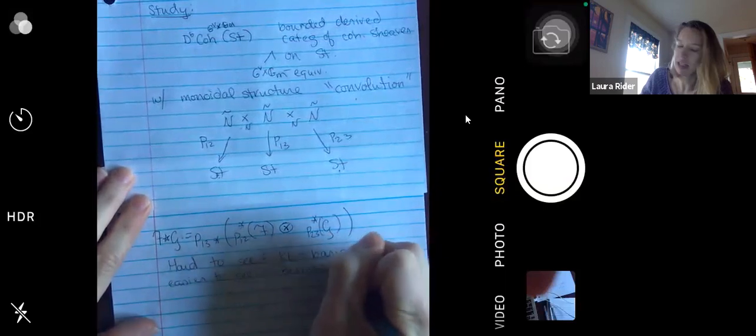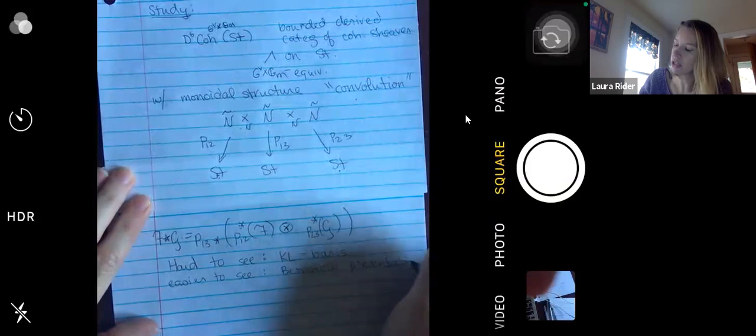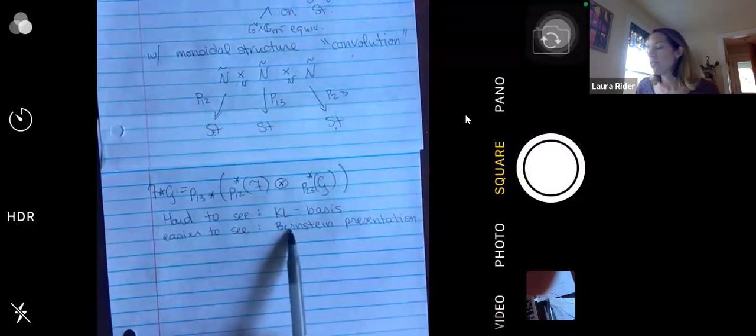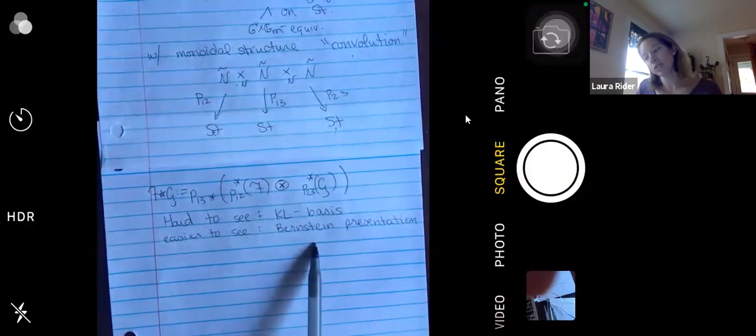So let me hint at how that appears using just the geometry of the Steinberg variety. The Bernstein presentation of the affine Hecke algebra gives you basis elements corresponding to the finite Weyl group, and then you also get basis elements corresponding to the co-weight lattice.